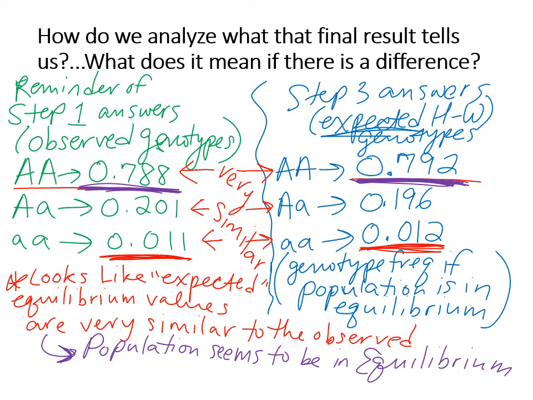If we wanted to test this mathematically and prove that the expected is very different from the observed, or very similar to the observed value, what technique that we did in a previous week of lab this semester could you use to mathematically prove whether or not the expected and observed were similar or significantly different from each other?